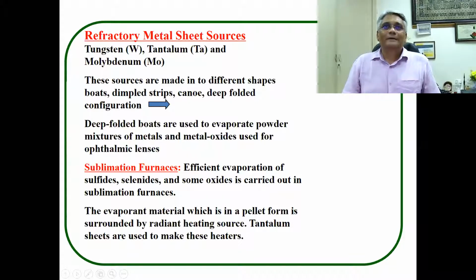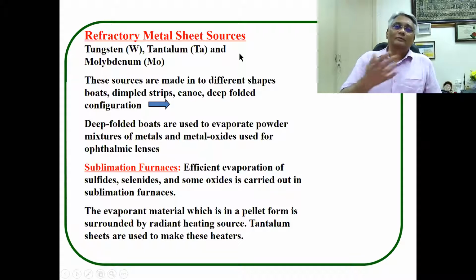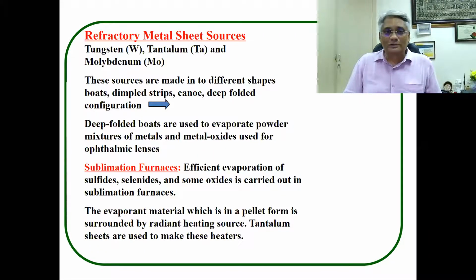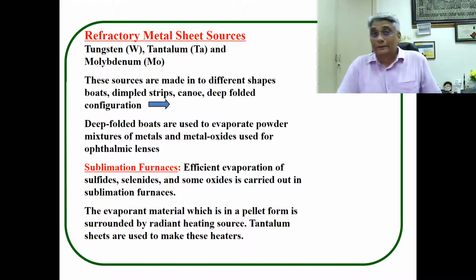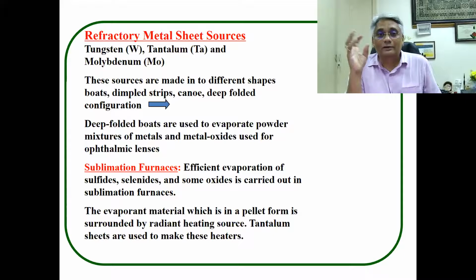Okay? But then there are cases where the charges require very high melting points to create the melt, where you have to heat the element to very high temperatures. There could be a reaction happening between the crucible and the molten part of the alloy.